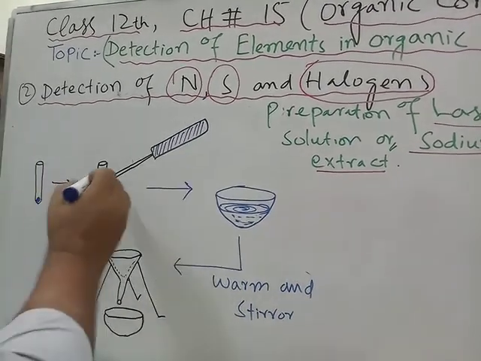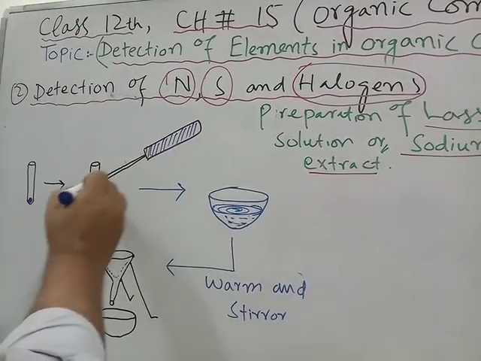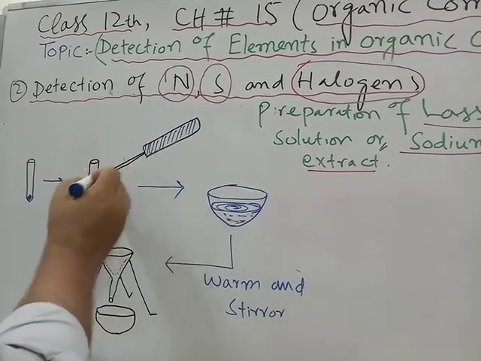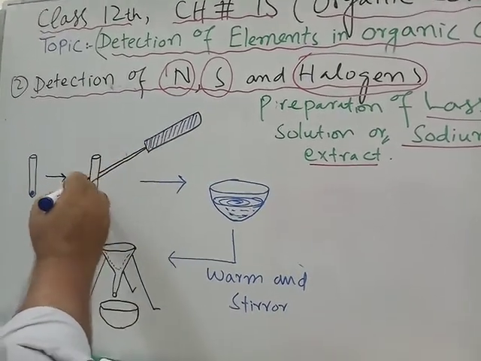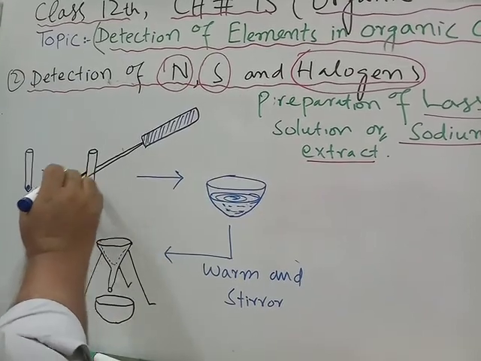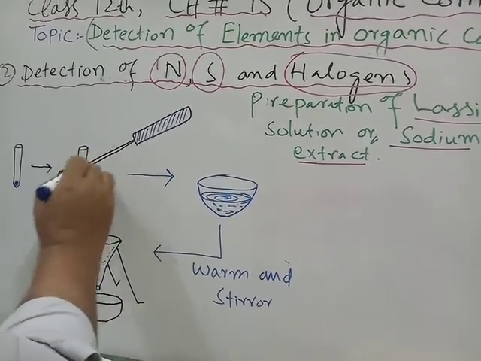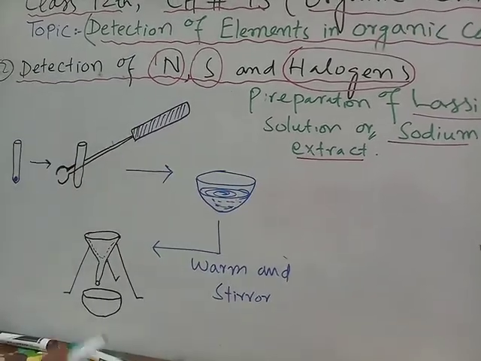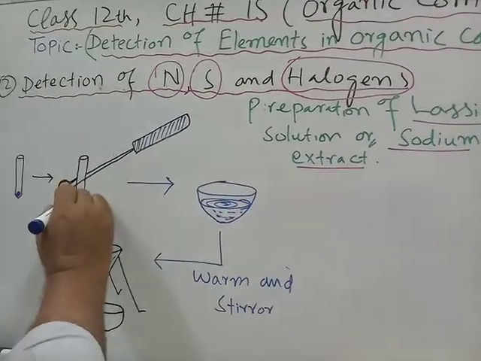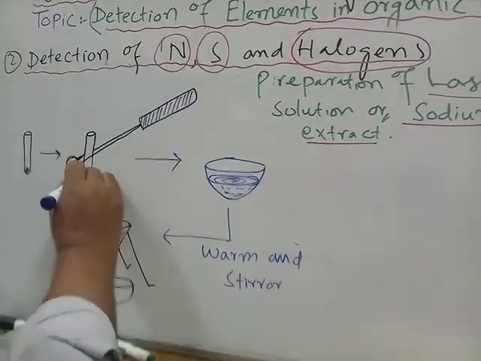Cut a small piece of sodium metal and put it into the fusion tube. Then fix the fusion tube into the test tube holder. This is the test tube holder, the iron clip, and here we hold the tube, but this is very small, so hold it between the arms of the clip.